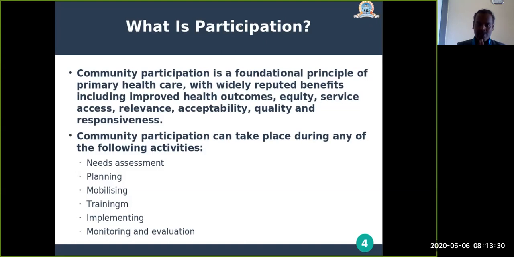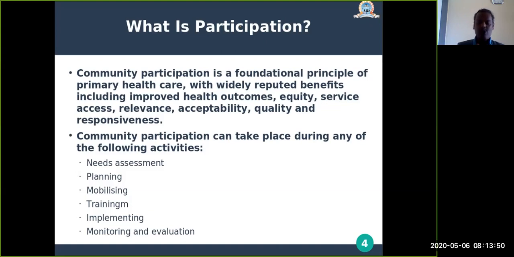So community participation can take place during any of the following activities. When you are encouraging community participation at different levels and in different activities, you are going to do it in your community work, especially in health related community work.